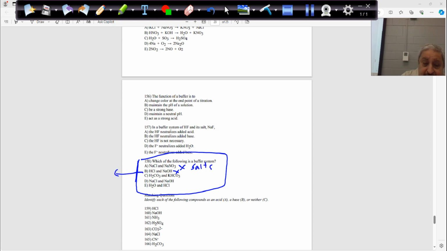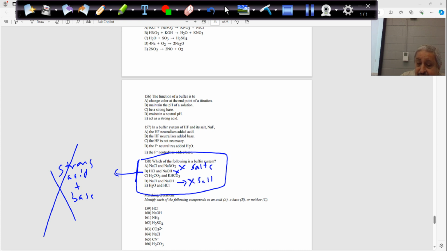Acid plus base, both of them strong, that violates it. That cannot be. It has to be a weak acid. Then we have sodium chloride, a salt, and sodium is strong. That's not the case, correct?